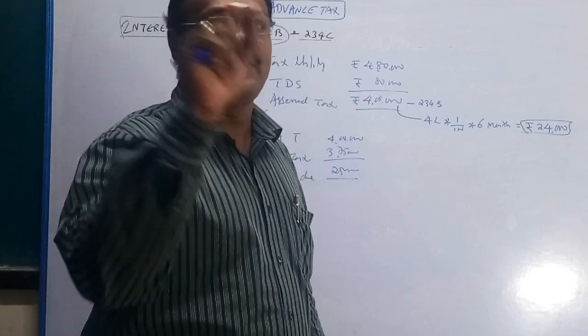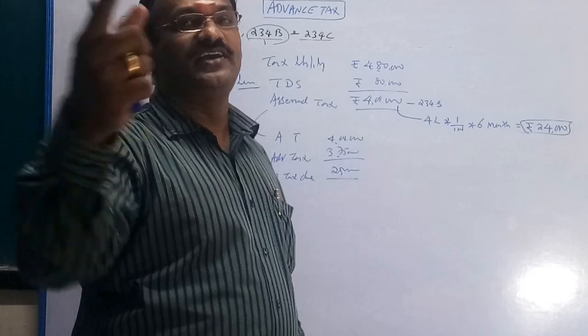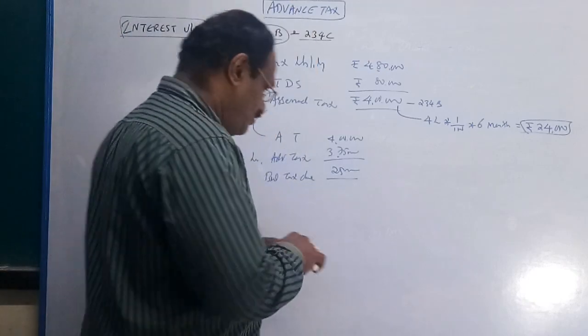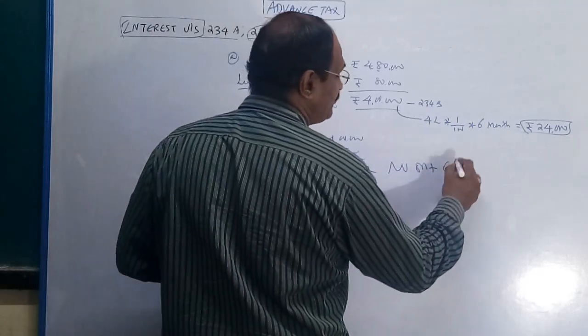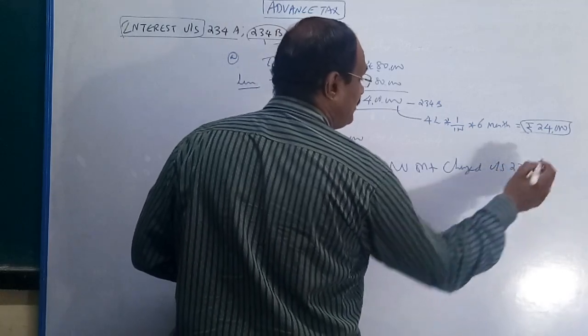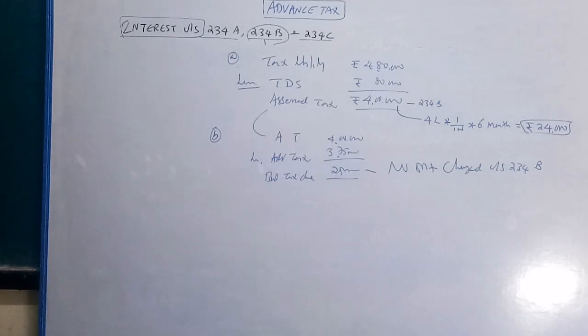How much did you pay as advance tax? 3,75,000, which is more than 90%. Then no interest is charged under section 234B. Why, sir? Because advance tax paid is more than 90% of assessed tax.